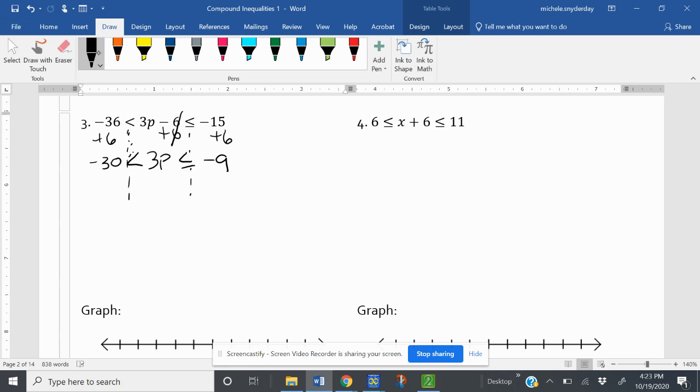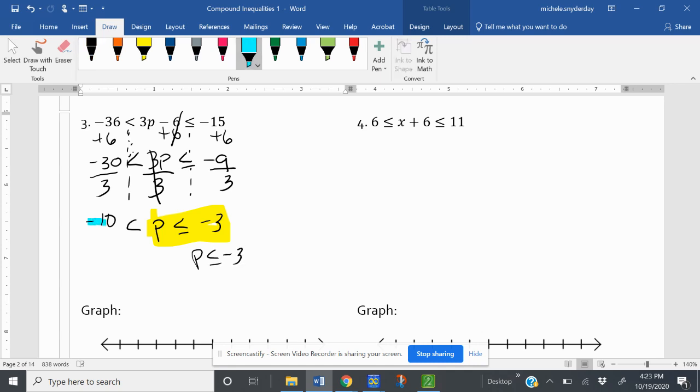Now we need to get p by itself in the middle by dividing by 3. We have to divide all 3 sides by 3. That leaves us just a p in the middle. Negative 30 divided by 3 is negative 10. Negative 9 divided by 3 is negative 3. So we have two inequalities we have to graph. We've got this one, which is written in the correct form: p is less than or equal to negative 3.